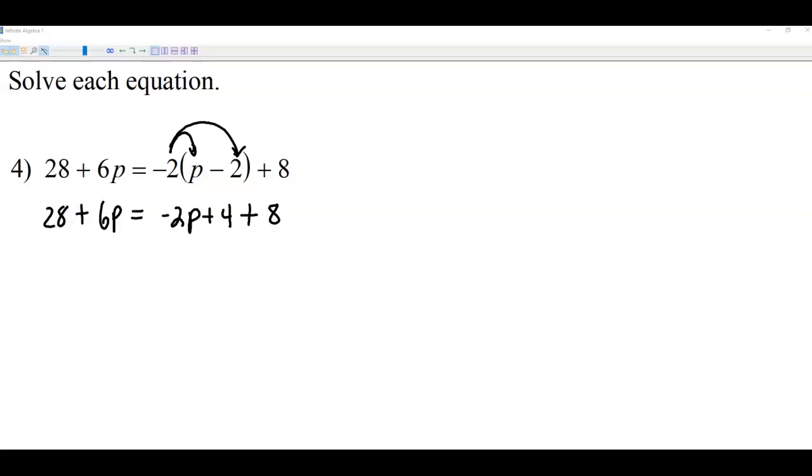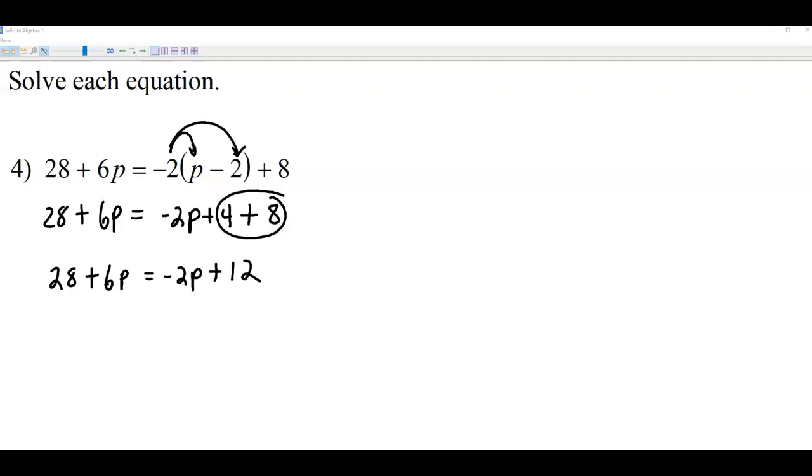Now I'm going to do a different step that wasn't on the last problem. On the last problem, we didn't have this, but we do now. I've got some like terms that I can combine together there, so I'm going to go ahead and do that. After that, the steps will match pretty good, though.